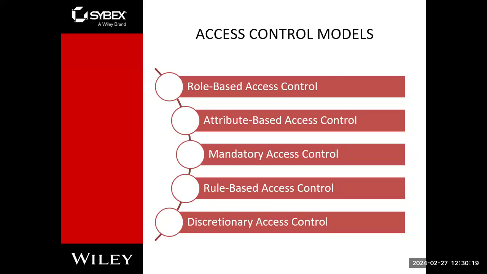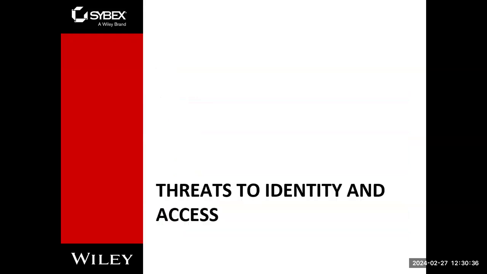Then we dive into access control models. There are five: role-based, attribute-based, mandatory, rule-based, and discretionary access controls. I think we go into each of these in a little bit more detail.